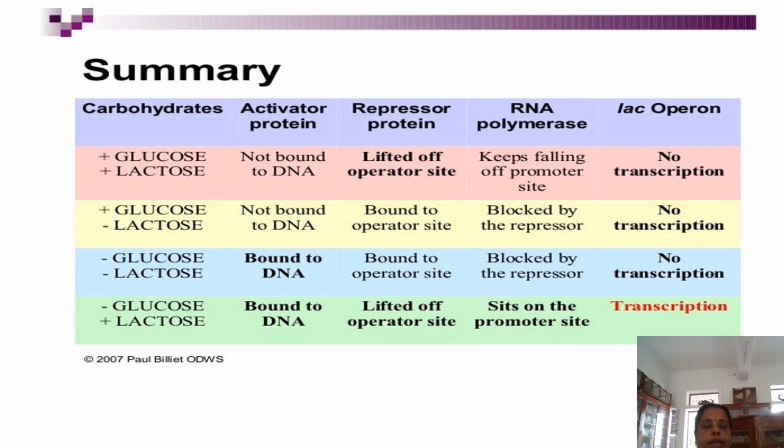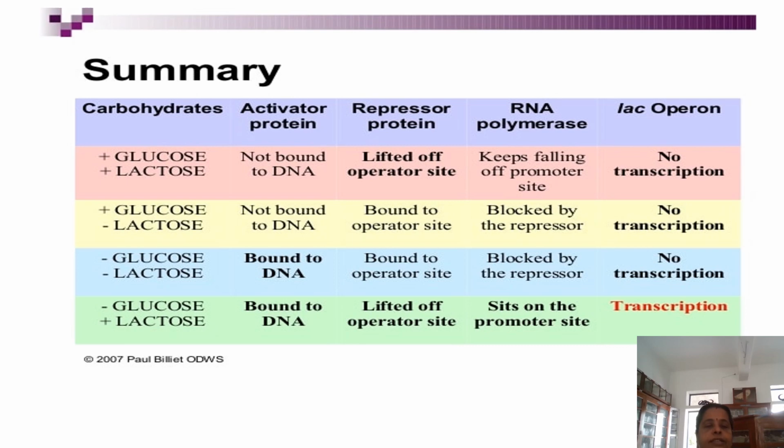So this is a summary of what we had seen earlier. Carbohydrate, both glucose and lactose present. The activator protein doesn't bind to DNA, whereas the repressor protein is lifted off from the operator site. RNA polymerase keeps falling off the promoter, so the Lac Operon has no transcription.